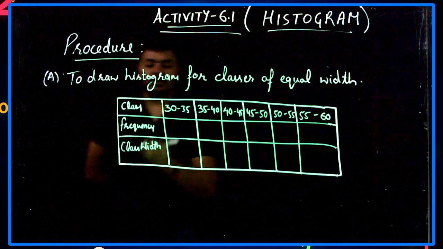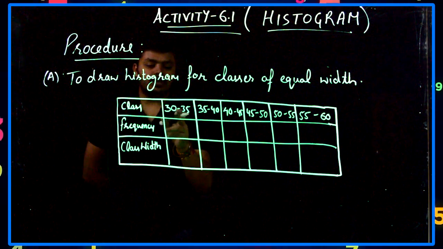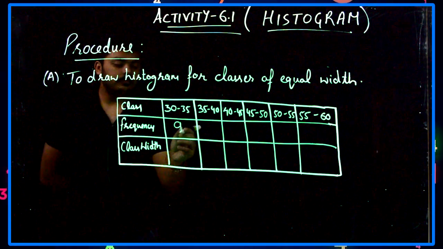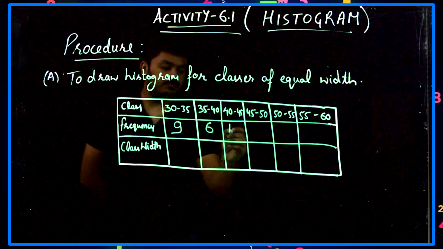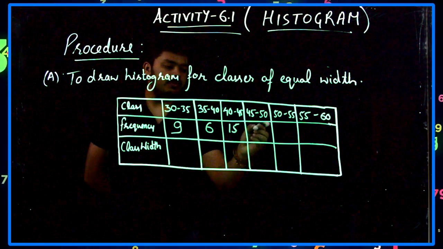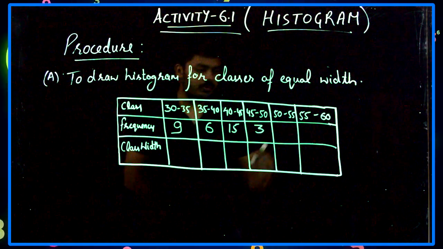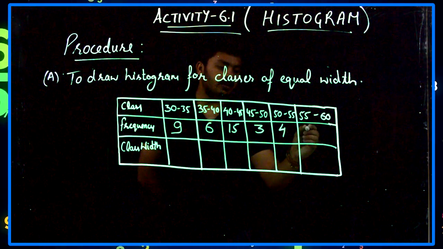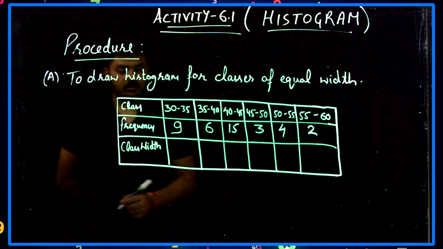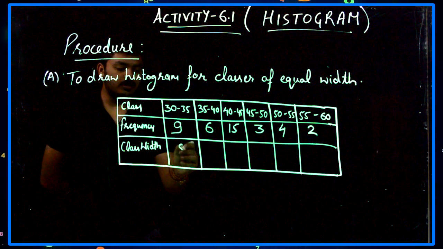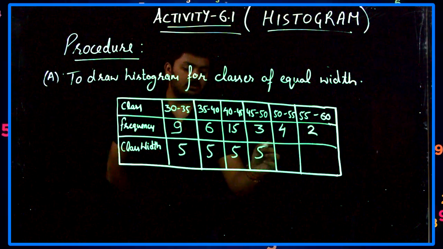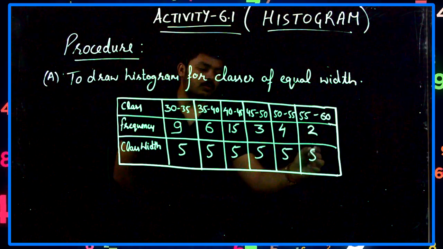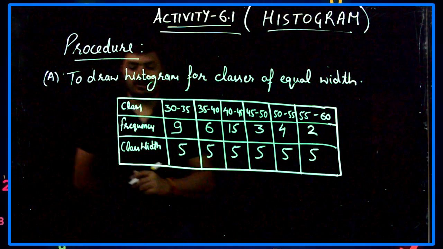And our frequency under the class 30 to 35 is 9, 35 to 40 is 6, 40 to 45 is 15, 45 to 50 is 3, 50 to 55 is 4 and 55 to 60 is 2. And class width is equal, so it is 5 in all the cases. All the intervals are 5.